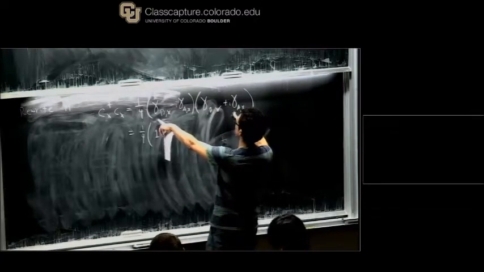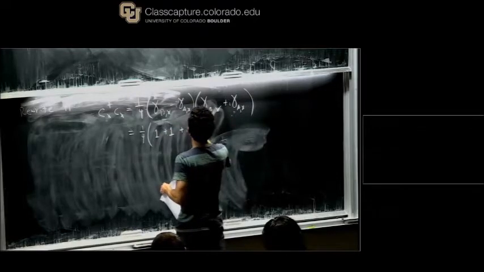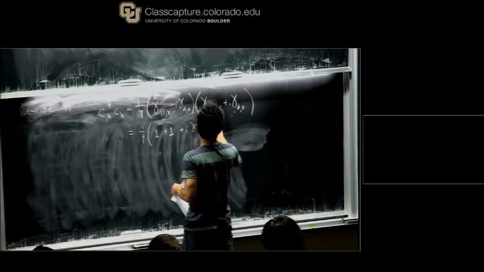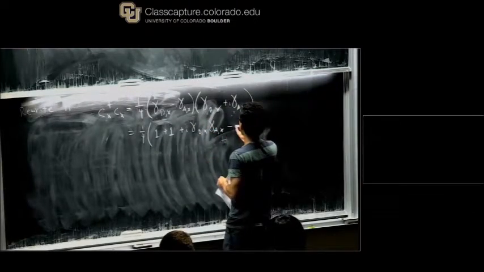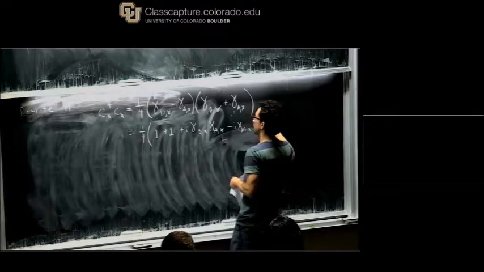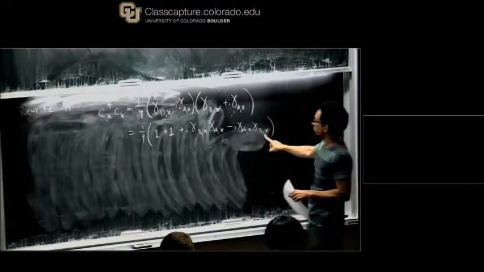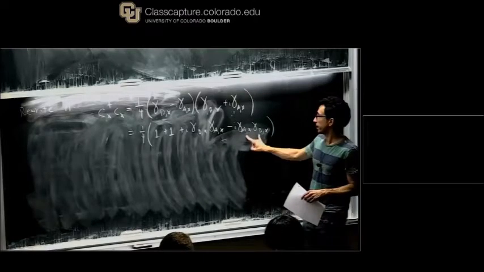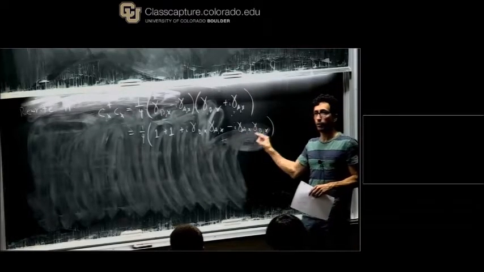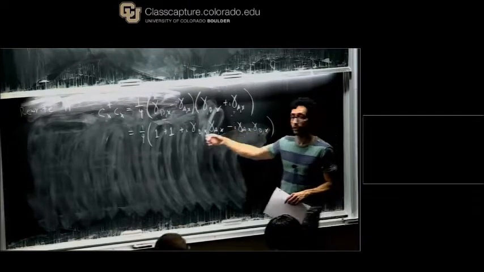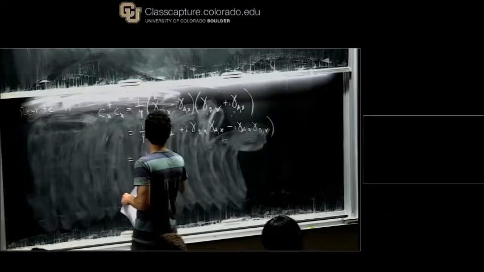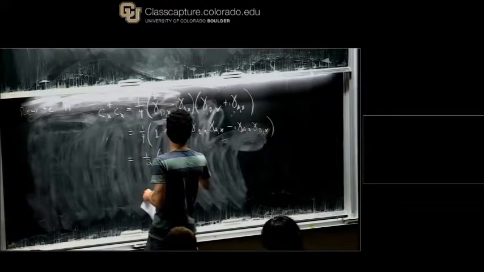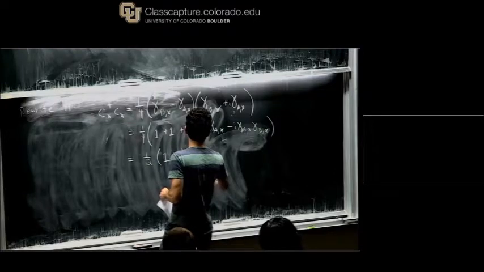And then from the cross terms, I have an I gamma BX gamma AX. And then from this cross term, I get minus I gamma AX gamma BX. But these two terms are actually the same because these guys anti-commute. So if I reverse the order, I get rid of the minus sign, and then I just pick up an extra factor of 2 there. So this is just 1/2 times 1 plus I gamma BX gamma AX.